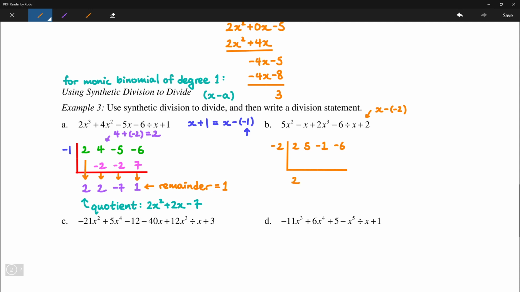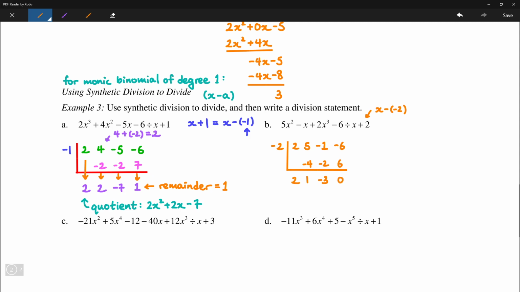And then we have 2 times negative 2, which is negative 4. Add together gives us 1. Negative 2 times 1 is negative 2. Add together gives us negative 3. Negative 3 times negative 2 is positive 6, and we have a remainder of 0.